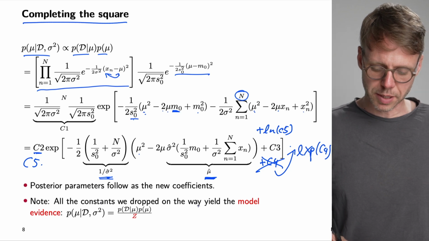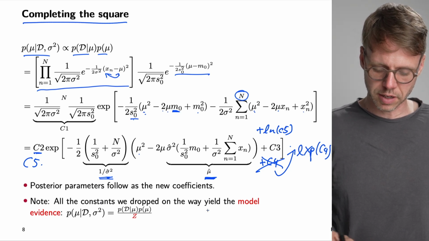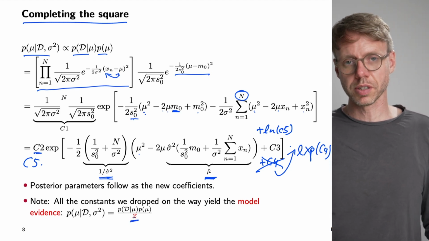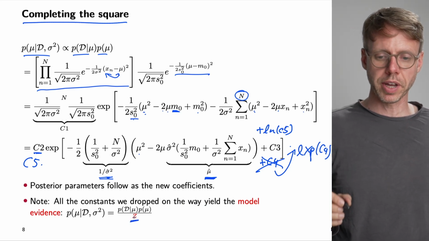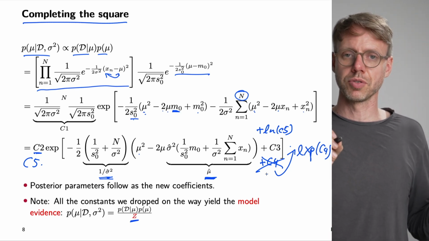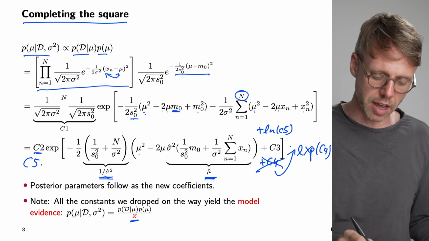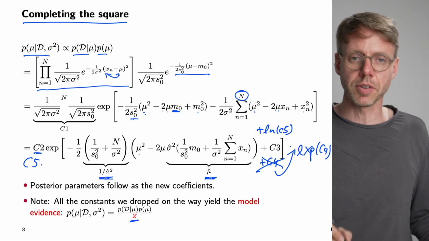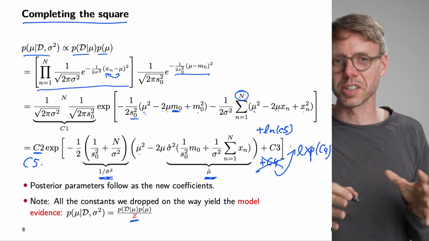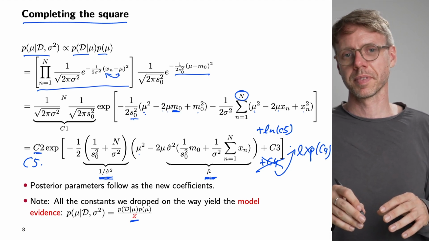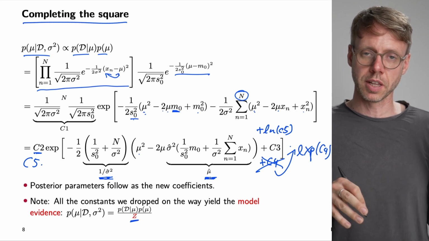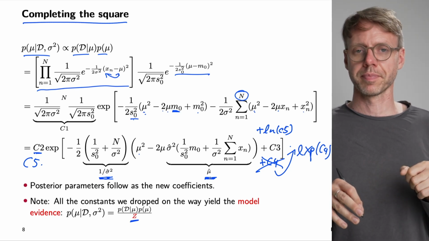Note that all constants were dropped on the way, because the evidence just follows implicitly by knowing that the whole thing will be a Gaussian distribution. It's enough to know that there's a Gaussian distribution, and if we have the variance and the mean of this Gaussian distribution, we already know the textbook formula of the Gaussian distribution, which is always normalized. So we took a huge shortcut by knowing that the posterior is a Gaussian.